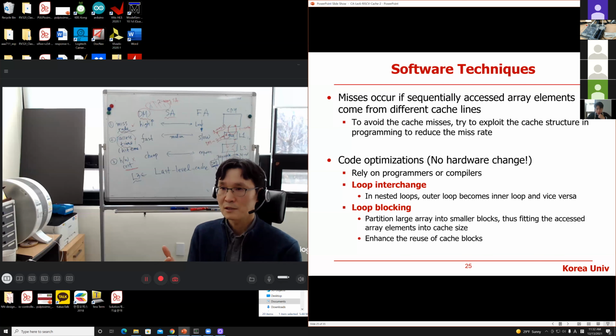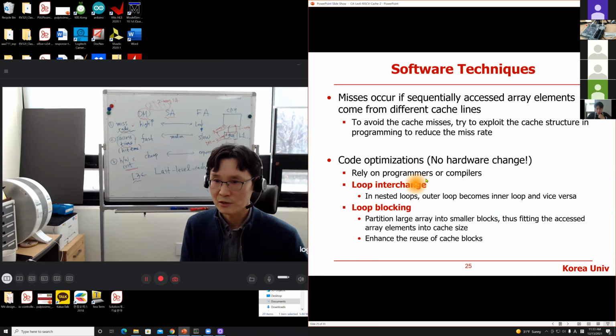This is a good example. Let me show you. One good example. I prepared two, but first one only. This one is more intuitive. Loop interchange.